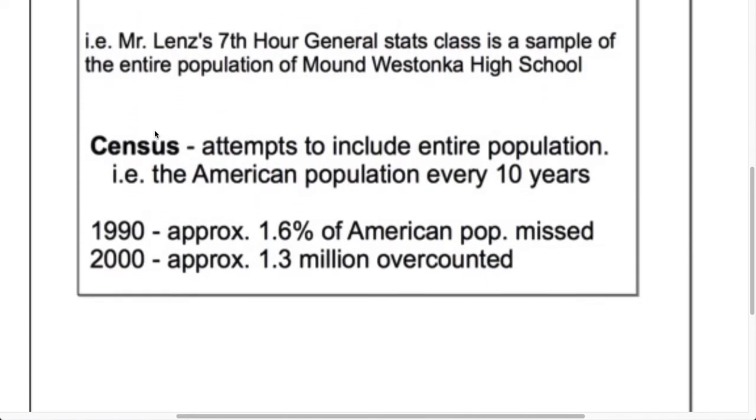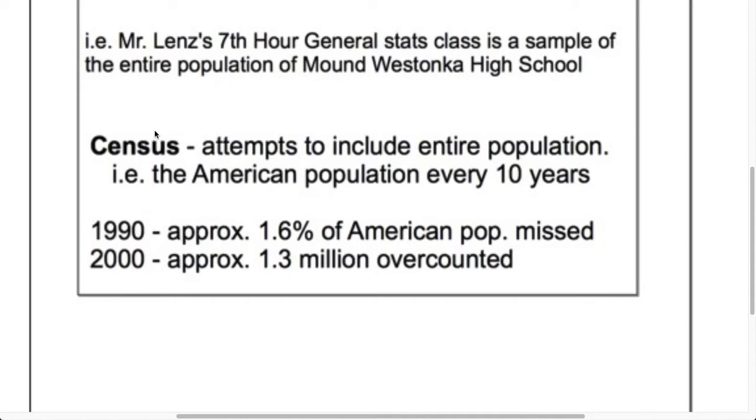And then there's a census. In the United States, we attempt to do a census every 10 years. In fact, it is a census year right now. And so your parents will be bombarded with mail from the Census Bureau pleading and begging over and over again that they fill it out, because they are literally trying to reach every single person in the United States so that they get an accurate measure of how many people live here.